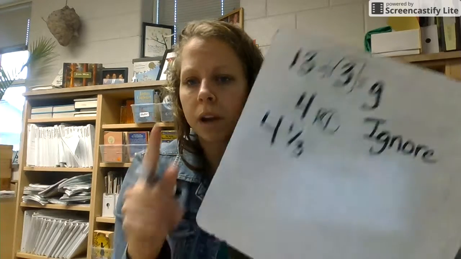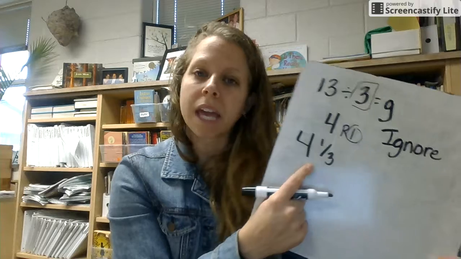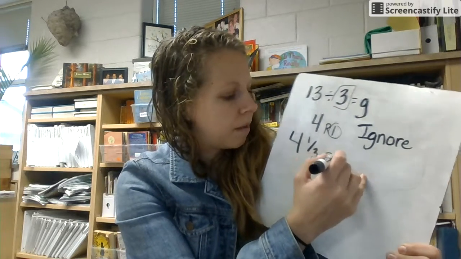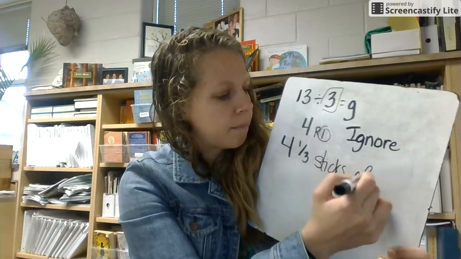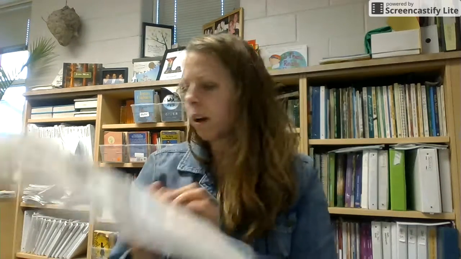Because they're splitting 1 piece between 3 people. And so this would be your actual answer that I'd want to see in the future, is that everyone gets 4 1/3 sticks of gum. Okay, so I'm going to ask you a few more questions today, and we're going to kind of look at what do we do with our remainder.